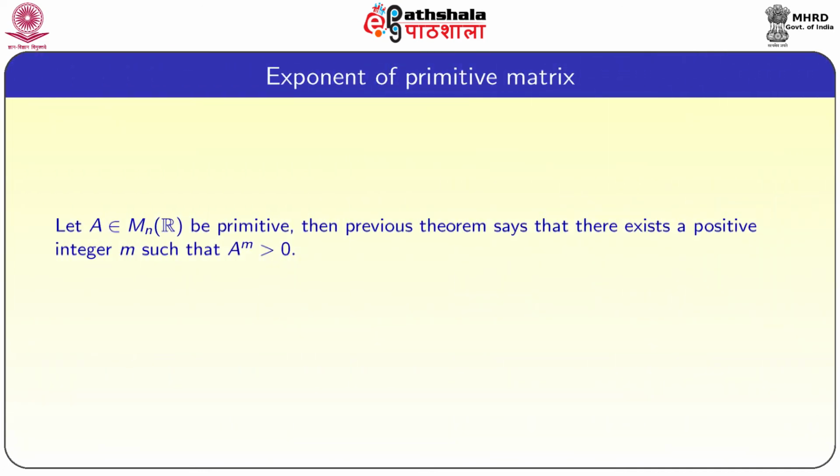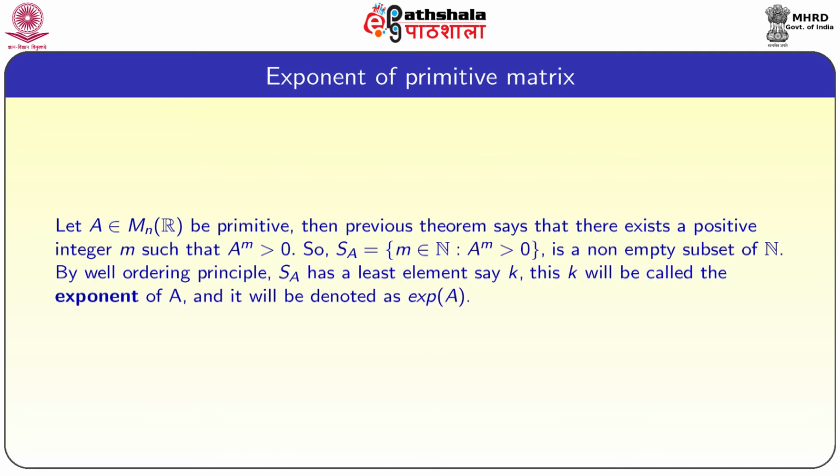Now, we are going to define the exponent of a primitive matrix. Let A belonging to Mn of R be primitive, then the previous theorem says that there exists a positive integer m such that A power m is greater than 0. So, if we define SA equal to the set of m belonging to the natural numbers such that A power m is greater than 0, it is a non-empty subset of the natural numbers. By the well ordering principle, SA has a least element, say k.